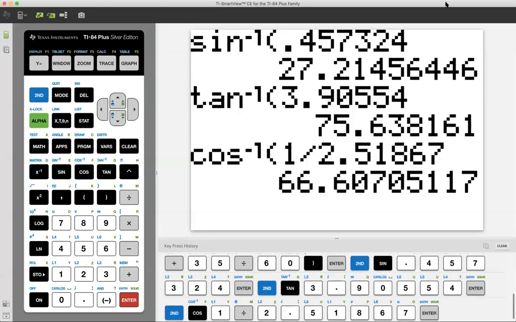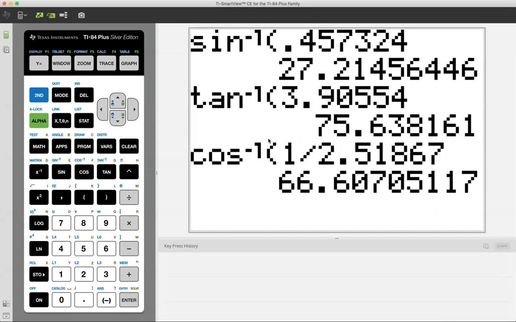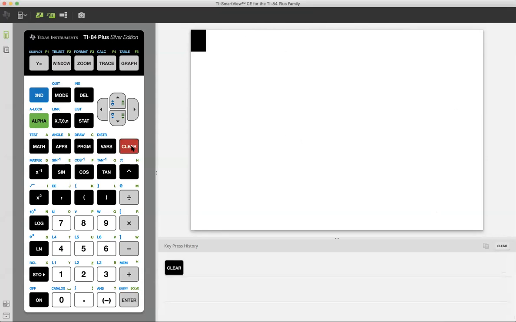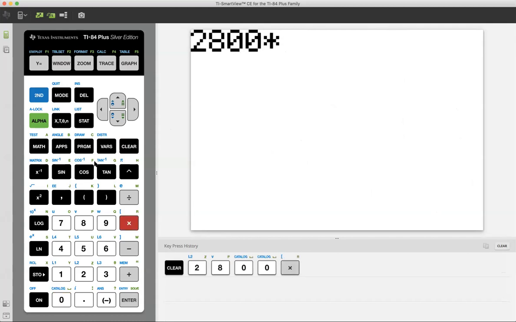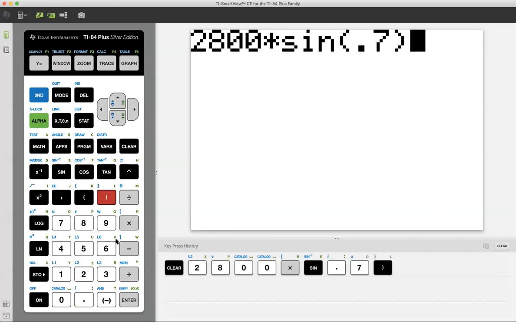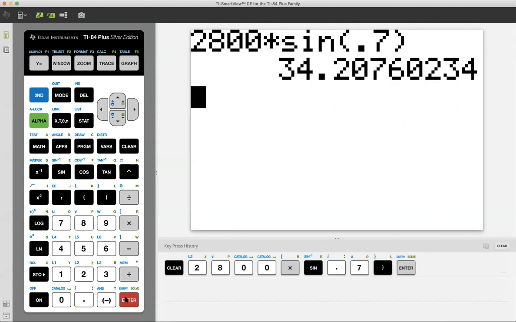So what I would do is clear all that from the last time. Just put in 2,800. I could just do it all at once in my calculator. 2,800 times sine of the angle. Make sure you're in degree mode, which we were from the last page, so we should be good.